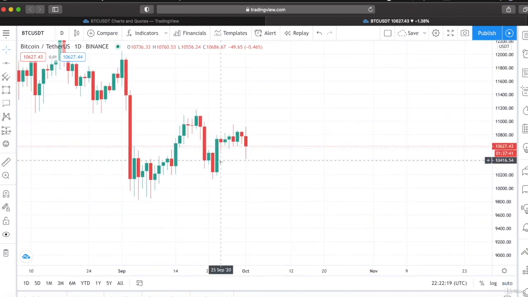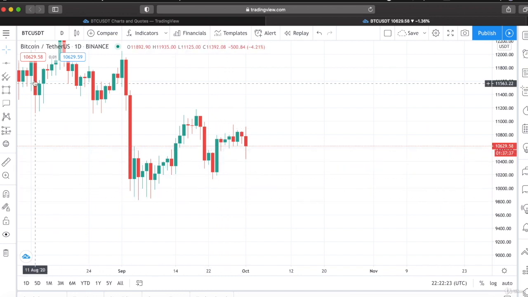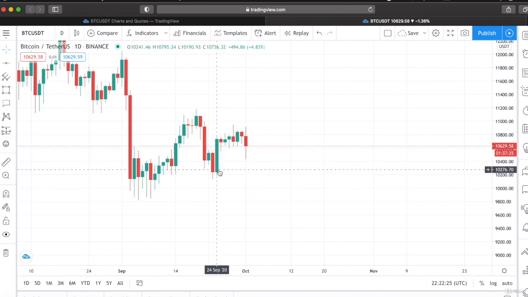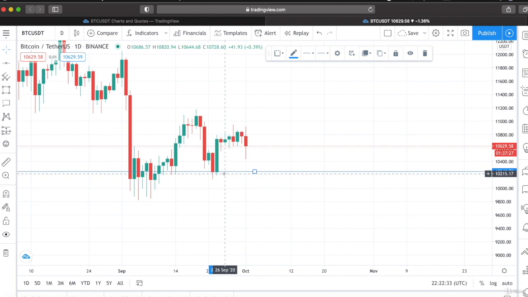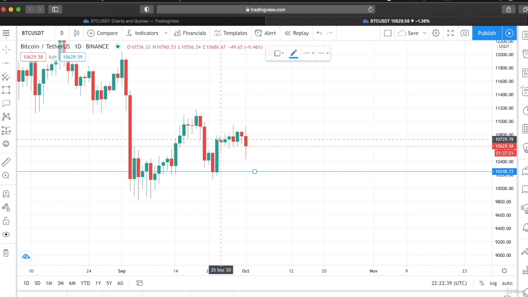Now this one, as you can see, this green candle, is the bullish candlestick. On 24 September 2020, the opening price of Bitcoin was $10,248. This was the opening price of Bitcoin. This was the closing price of Bitcoin at $10,735.